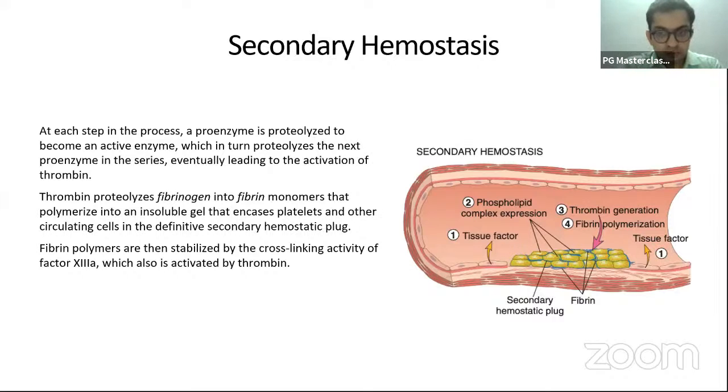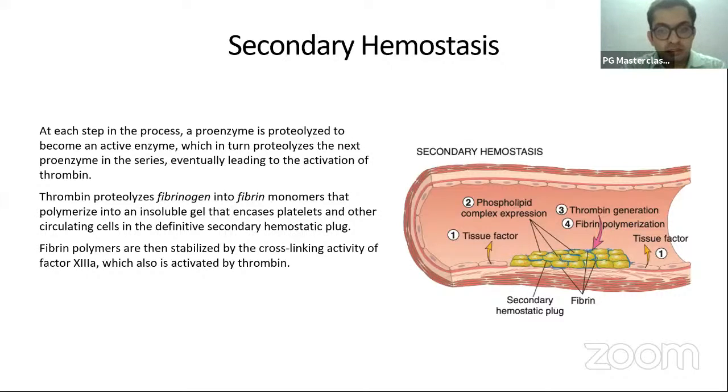Thrombin's main function is to convert fibrinogen into fibrin monomers that polymerize into an insoluble gel. The most important part here is the insolubility. It forms a meshwork with the platelets and other circulating cells such that it will not get easily dislodged, as was the primary plug.